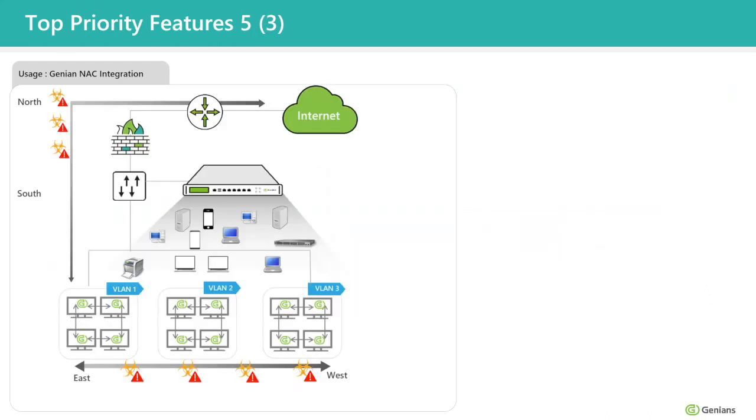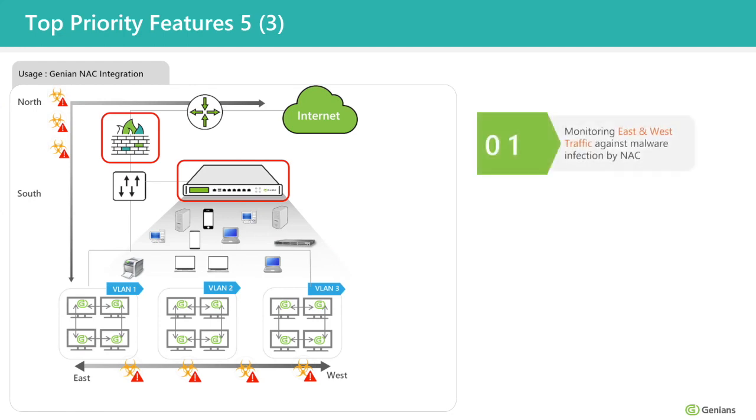The second scenario is Genian NAC with the gateway perimeter solution of a firewall. With deploying both the firewall and Genian NAC, you can secure your business environment against external and internal threats. With Genian NAC, you can monitor east-west traffic against doubtful malware infection.